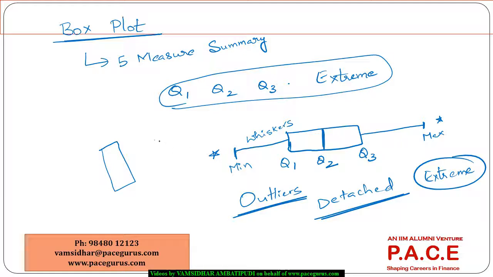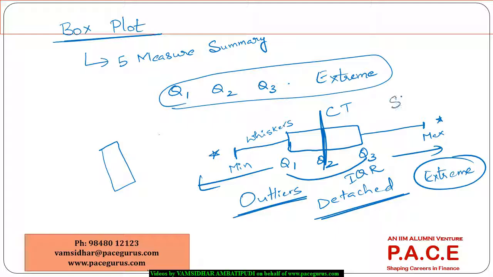But the good thing about the box plot is, one, there is a median, which is a measure of central tendency. The IQR is a measure of dispersion. And the shape, the relative symmetry, whether it is skewed towards the left or towards the right, so even a measure of the shape or the symmetry of the distribution.